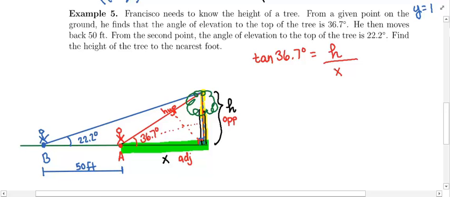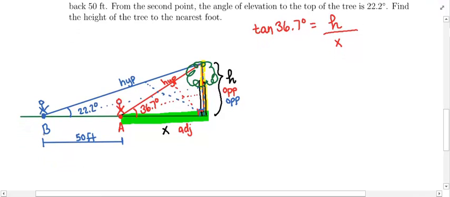I can do the same thing for the larger blue right triangle. If I draw straight across from this 22.2 degrees, the height is also the opposite side of the blue triangle. If we go across from the right angle, this longer blue side is the hypotenuse. And for the blue triangle, the distance from B to the base of the tree, this entire side, is the adjacent side.